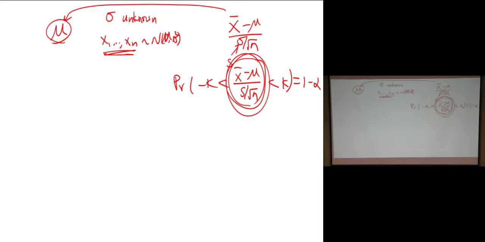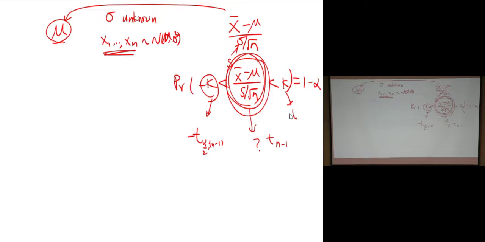So basically, I can compute all of this except mu, which I don't know. But this is exactly what I want, because now I'm going to find the distribution of this quantity, and then rearrange it so that I only have mu on one side of the inequality. This follows a t distribution with n minus 1 degrees of freedom. Therefore, I choose this k from a t distribution, alpha over 2 with parameter n minus 1.